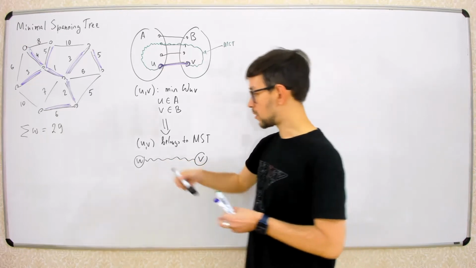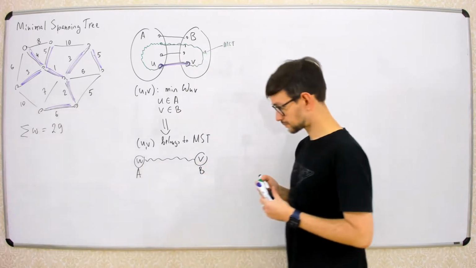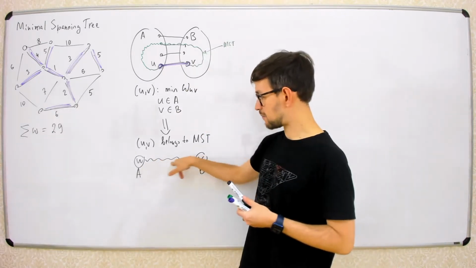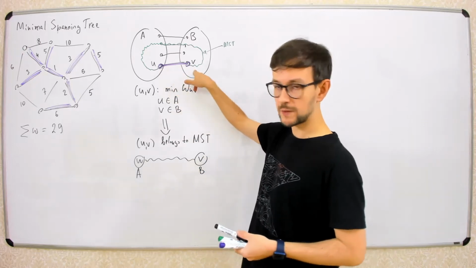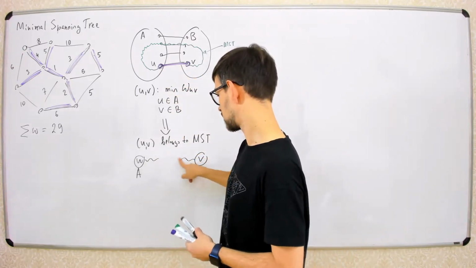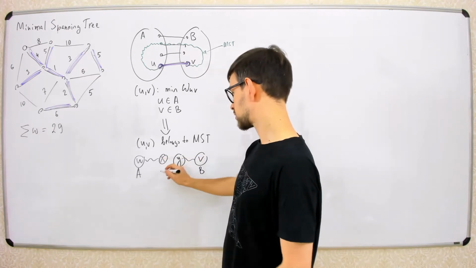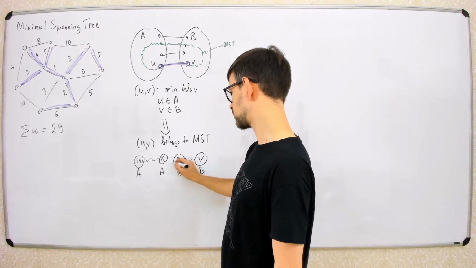Now, U belongs to set A and V belongs to set B. So on this path, at some point, we must switch from A to B. So in this path, there must be some edge, let's say edge xy, such that x belongs to A and y belongs to B.